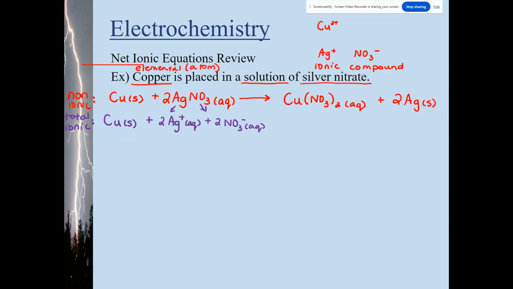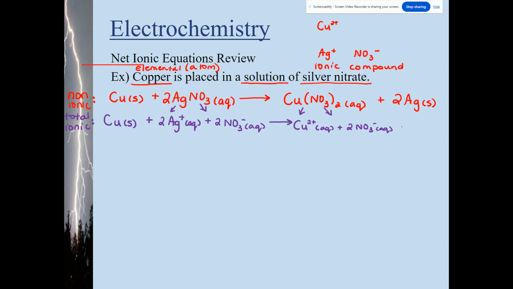Ions are always aqueous when they're dissolved in water, and that's the only way you usually have an ion: either your ionic compound is molten, which means it's in liquid form, or it's aqueous, dissolved in water. Okay? Now, next I have copper nitrate. That again is a soluble ionic compound. So I have a source of copper 2+ ions and 2 nitrate ions.